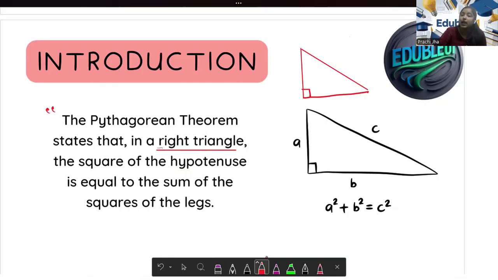The square of the hypotenuse. Now, some sides we are talking about, hypotenuse and the legs. What are these? Let's try to understand first. The longest side of a right angle triangle, you call it a hypotenuse.